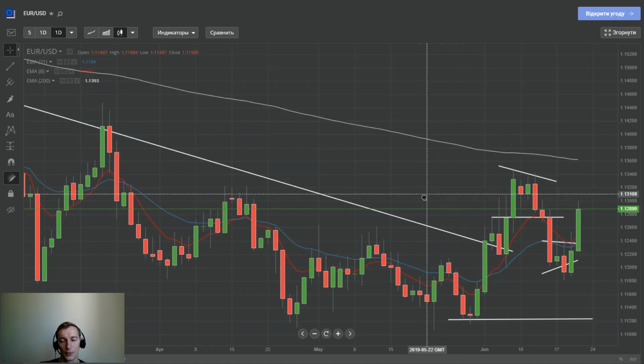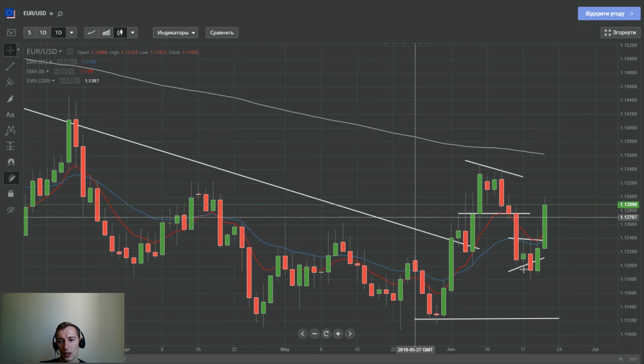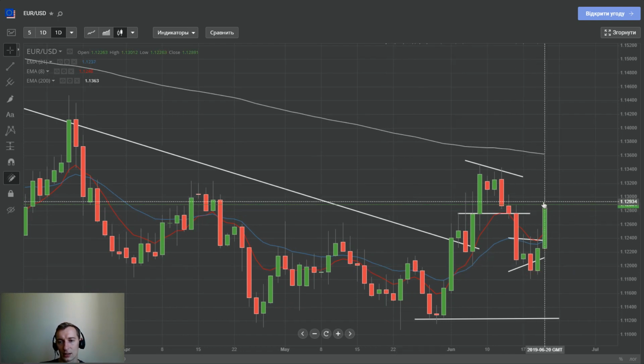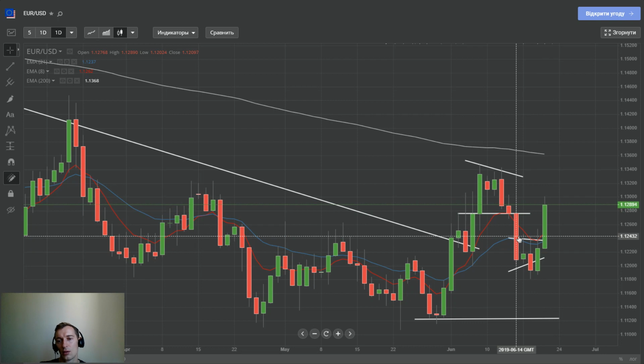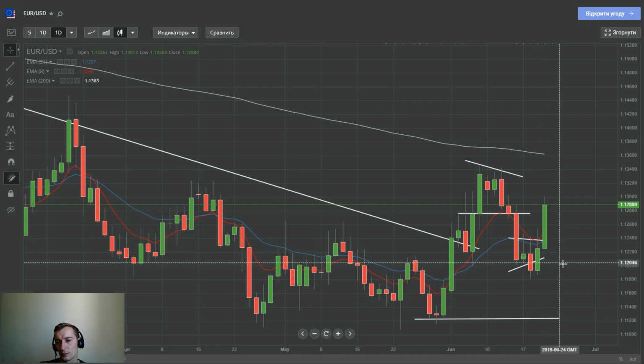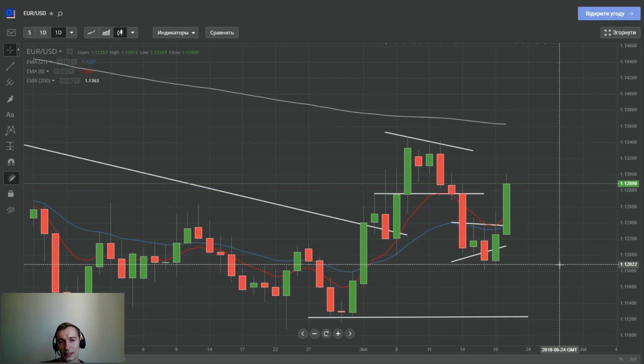Okay, so what do we have here? You see this nice, strong, powerful candle that regained the short-term moving averages and again broke out from this resistance level, 1.12400. The reason is that investors are again risk on, the Federal Reserve will surely lower rates.